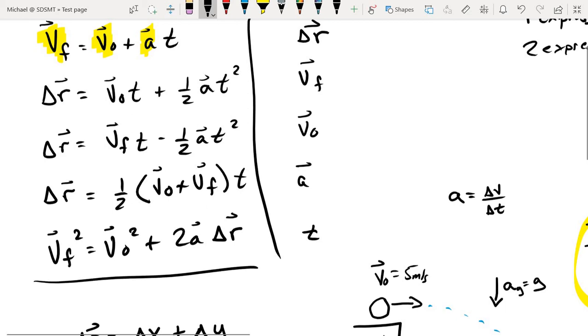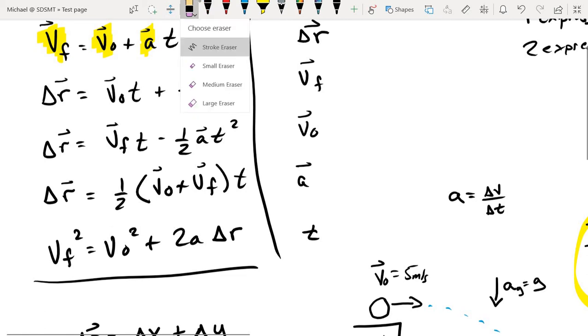Now I'm only using information from the y-axis, and that means I'm only doing a one-dimensional kinematics problem. So I don't need the vector notation anymore. This is all in one direction, that is the y direction.